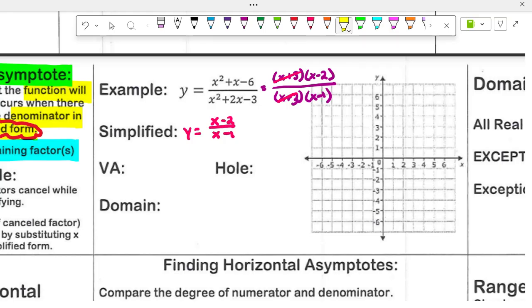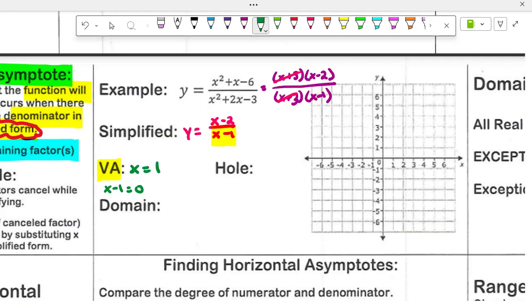Now, your vertical asymptote is going to come from that simplified denominator. So I'm going to set x minus 1 equal to 0. Because remember, we don't want 0 in the denominator. That's where our vertical asymptote comes from. So if I solve for x, where's my vertical asymptote at? Not just 1. X equals 1.